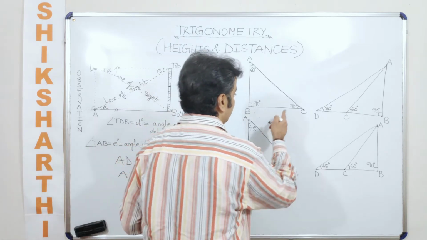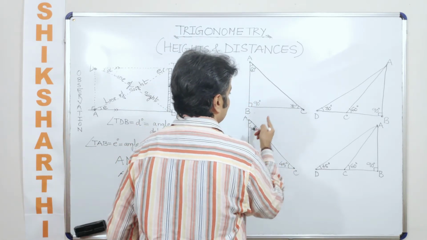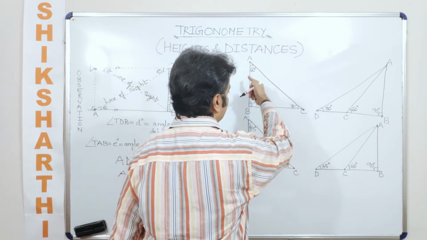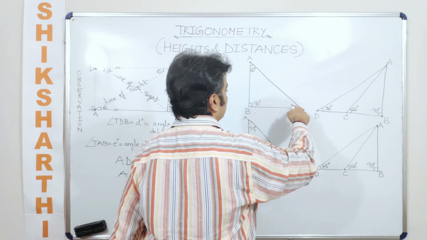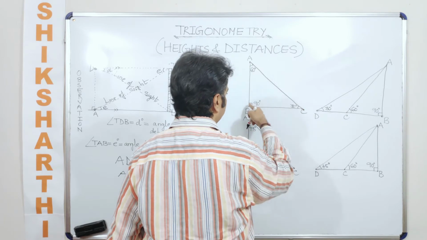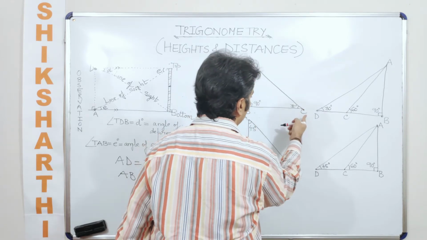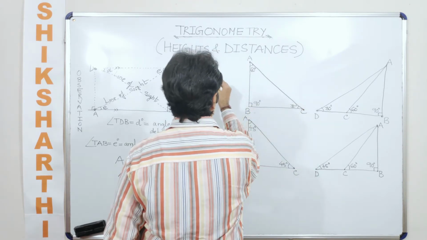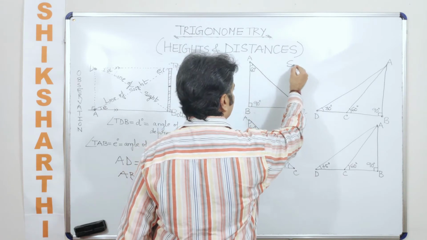Now I can just use a trigonometric ratio. For example, I know that sine 30 degrees is equal to perpendicular upon hypotenuse.